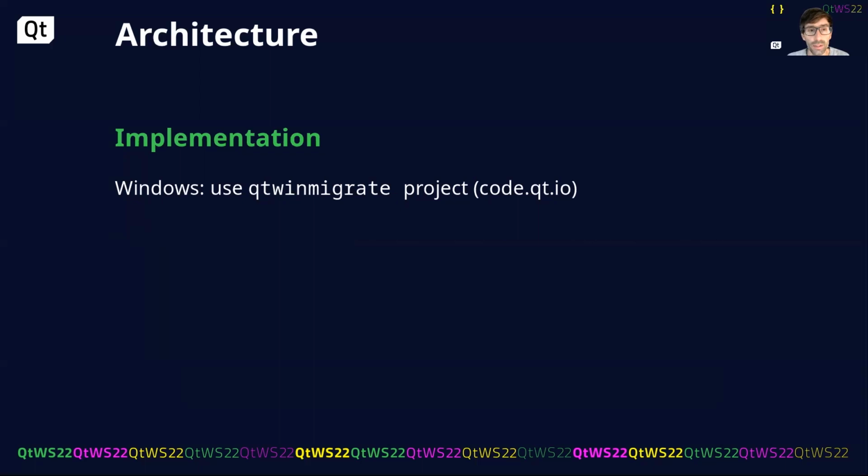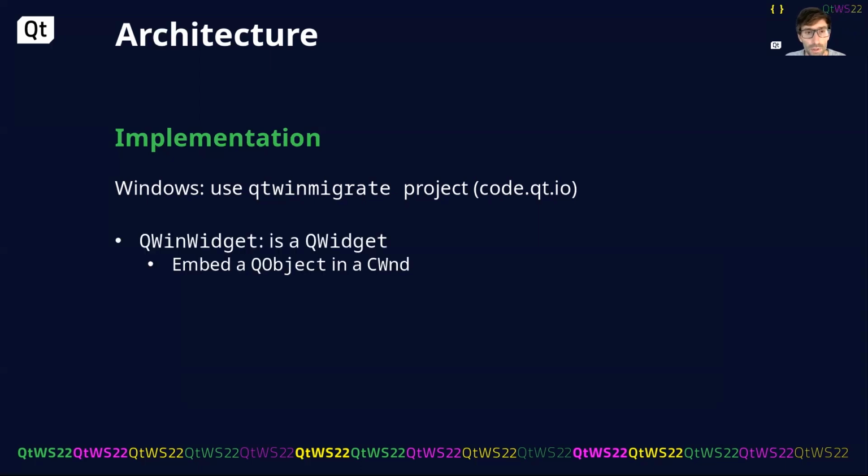So then we did what you do in these situations: you hit Google or DuckDuckGo and look around, and we found this Qt WinMigrate project. It's pretty old, and some things in there are no longer relevant or correct, but it gave us a good starting base for this integration on Windows.